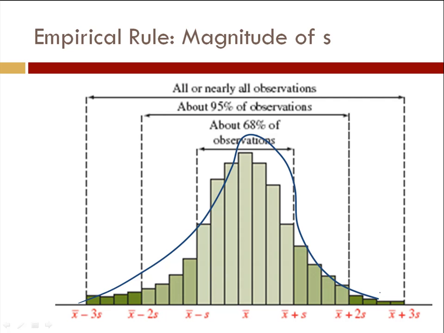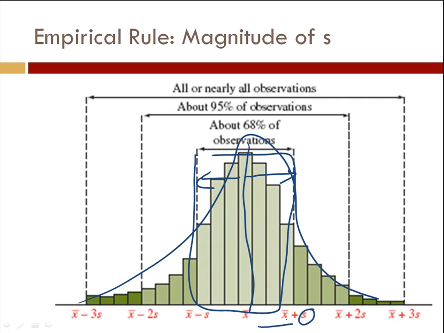And what the empirical rule says is that if you go out from the mean 1 standard deviation in either direction, then you've got 68% of all of your data values in this range right here. So here you see we've gone out 1 standard deviation in the positive direction and 1 standard deviation in the negative direction. So we have 68% of our data in this square right here.